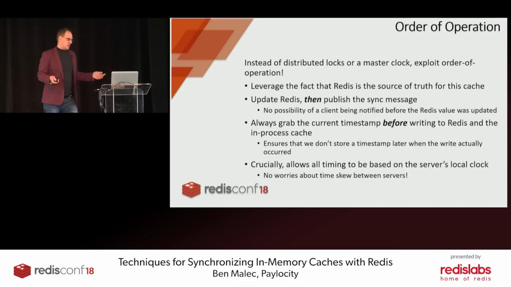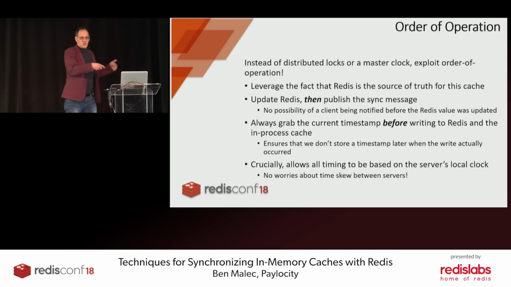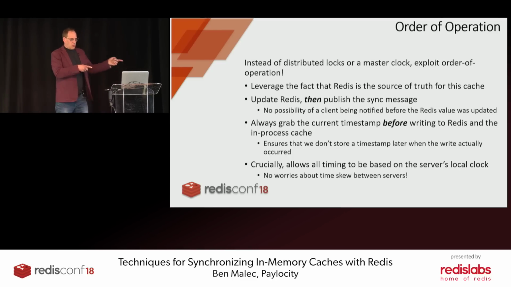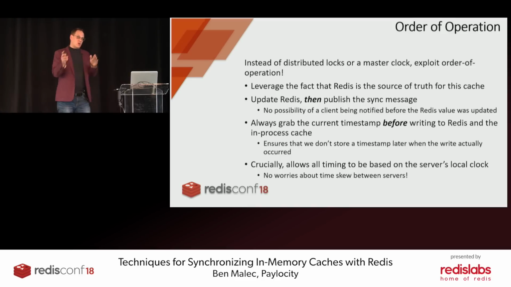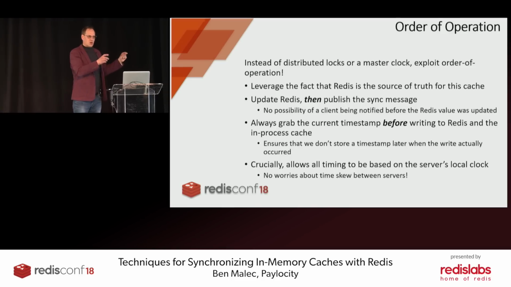So simple things, like if we write to Redis first and then send out an update message, regardless of any latency, the client will always get that message after the value's already been put in Redis. So when it goes to Redis, the right value is there. The trickier situation is when we're writing: we always want to grab the timestamp literally as soon as we go into a function, asking what is the current time?